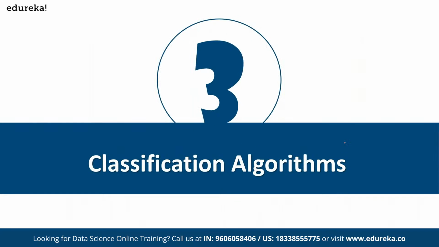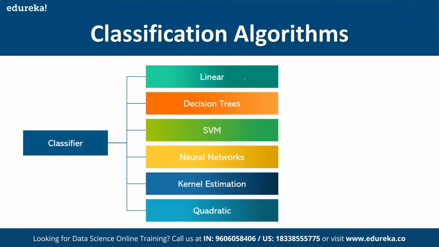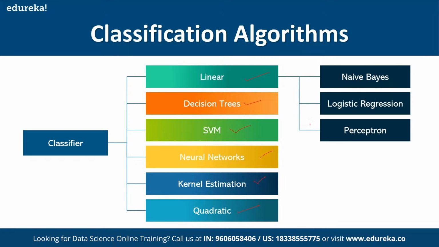Now, which are the classification algorithms? So now you know which kind of problem you are going to face today. You're trying to solve a classification problem. So first you need to know what are the tools or algorithms available in order to solve classification problems. They are linear, decision trees, support vector machines, neural networks, kernel estimation, and quadratic.